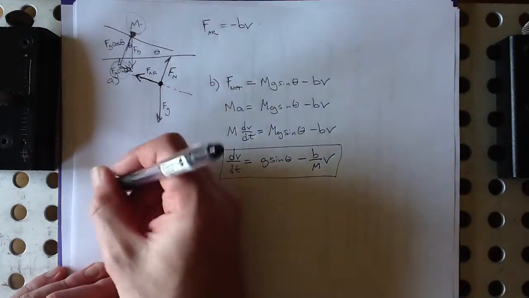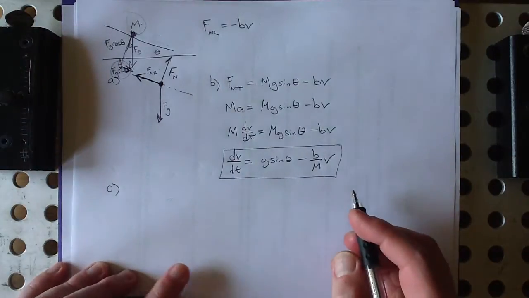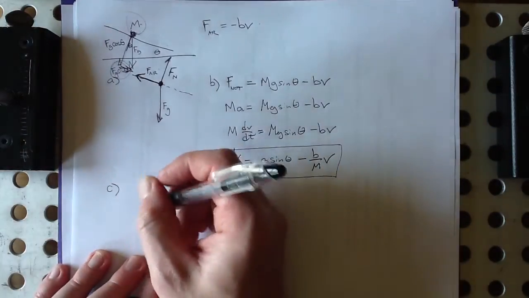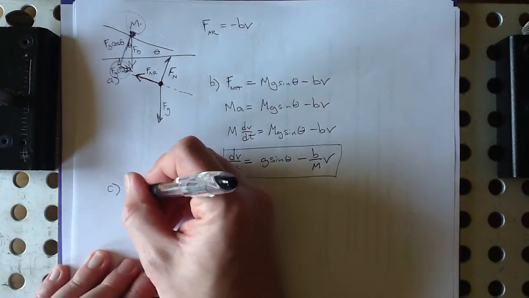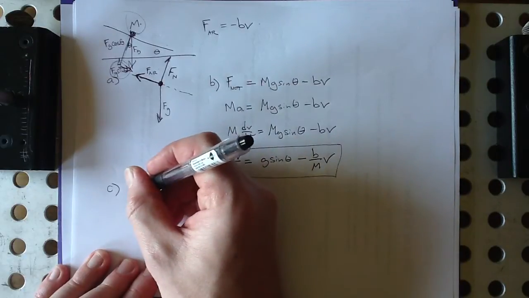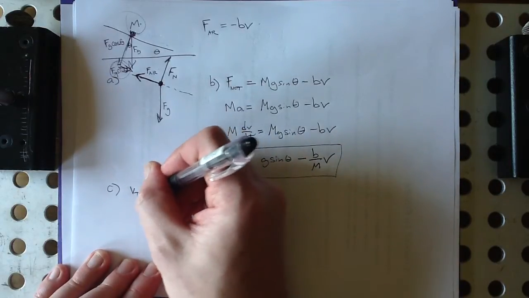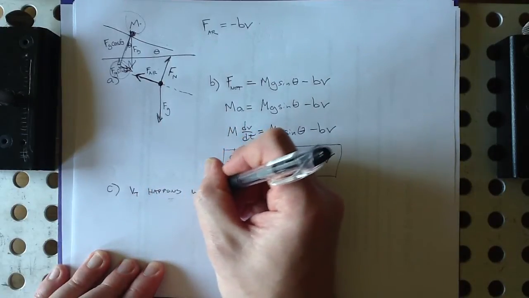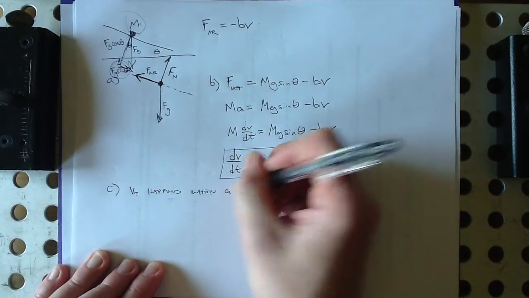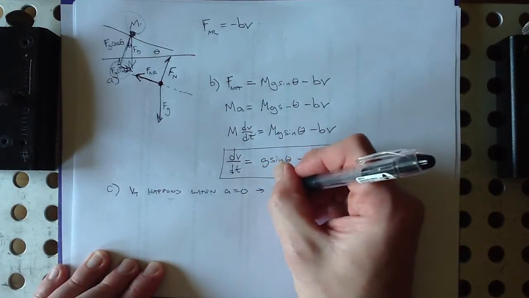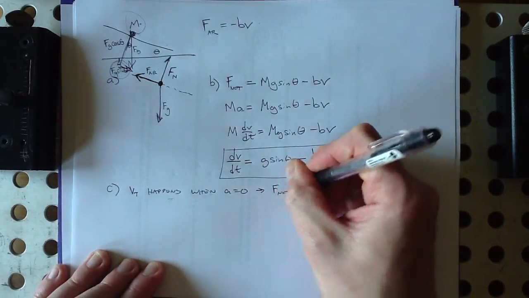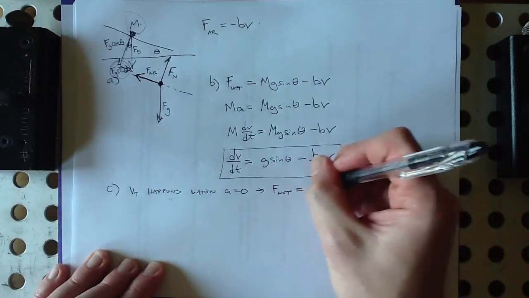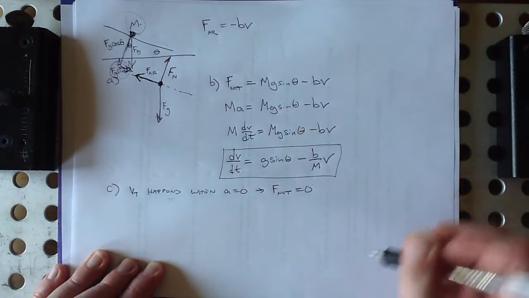Part C, determine an expression for the terminal velocity. I'm going to go ahead and write down the versatile statement: terminal velocity happens when acceleration is equal to 0, and that's the same as saying that the net force equals zero, since force equals mass times acceleration. No acceleration means no net force.